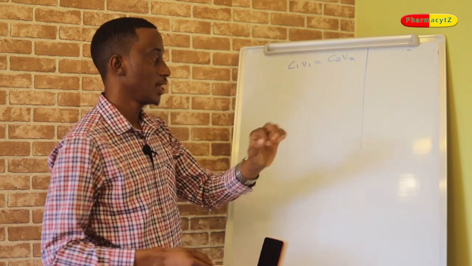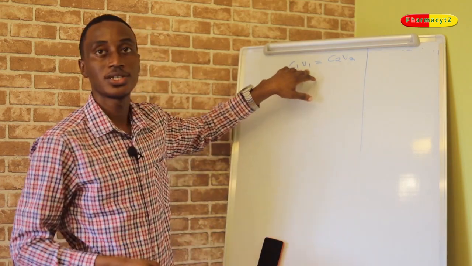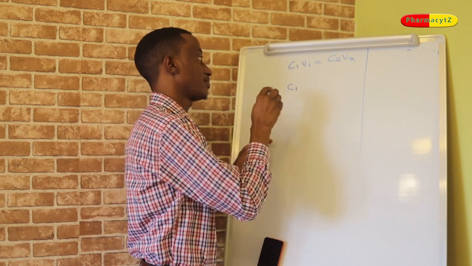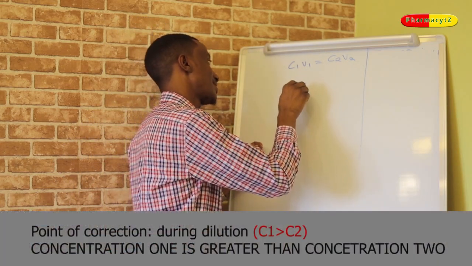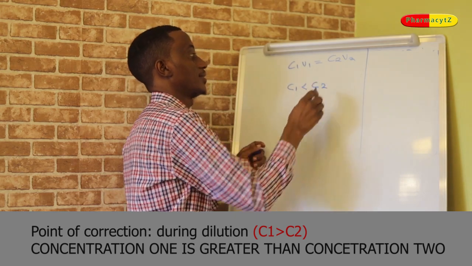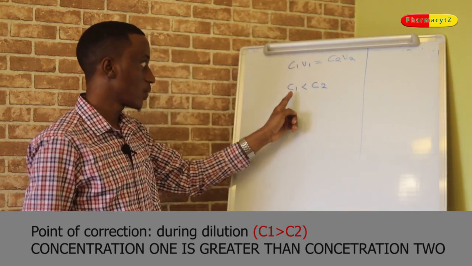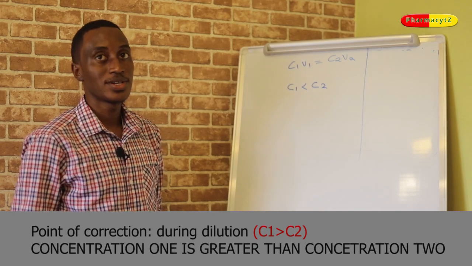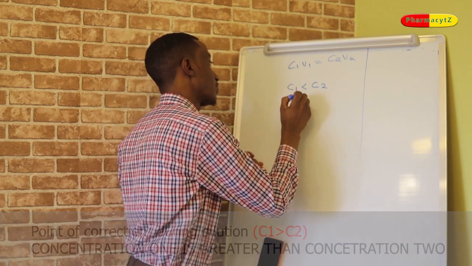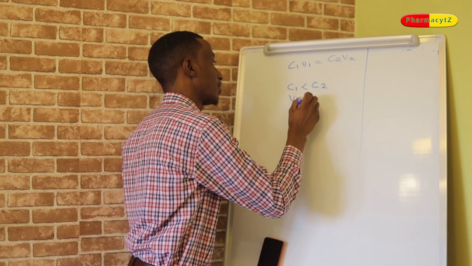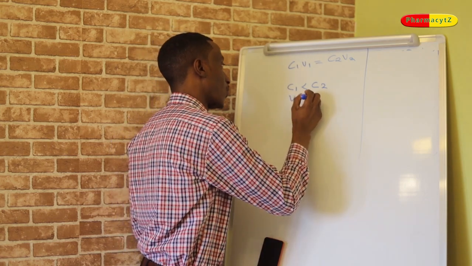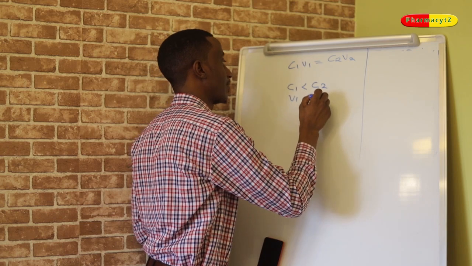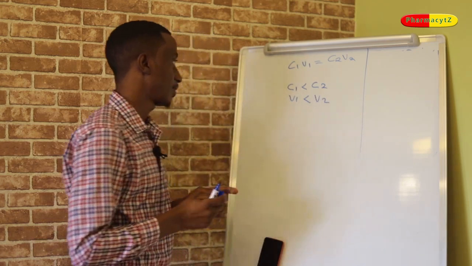Now, that is to say, the initial concentration, C1, shall be higher than the final concentration because we are going to dilute this from higher to lower. While the vice versa is true, the initial volume will be less than the final volume.